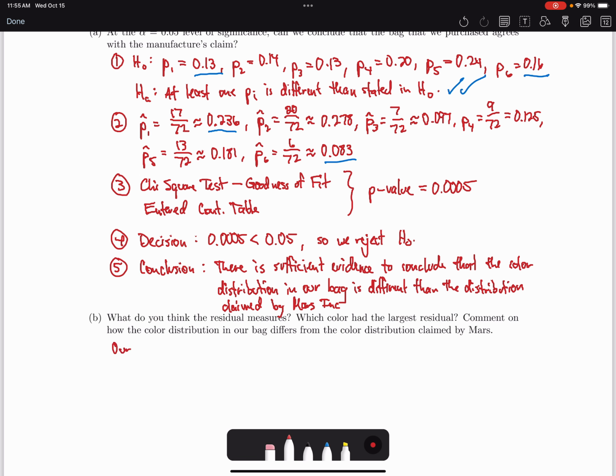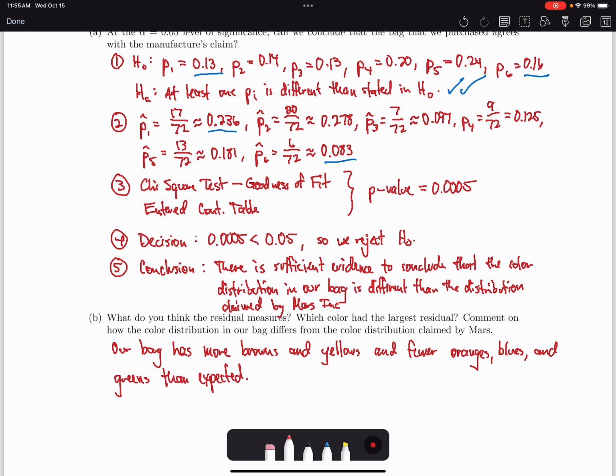So our bag has more browns and yellows and fewer oranges, blues, and greens than expected.